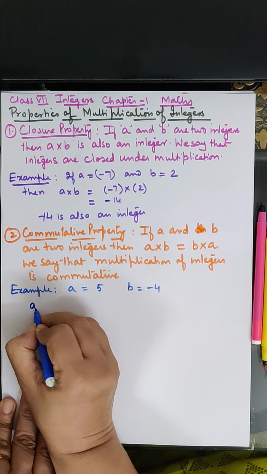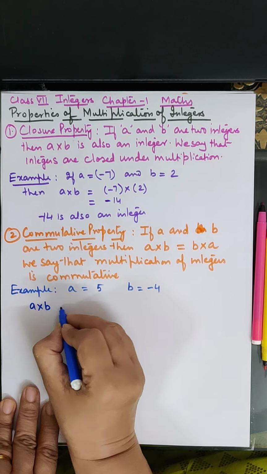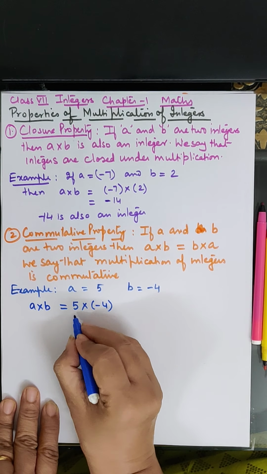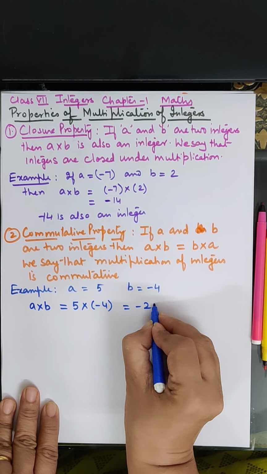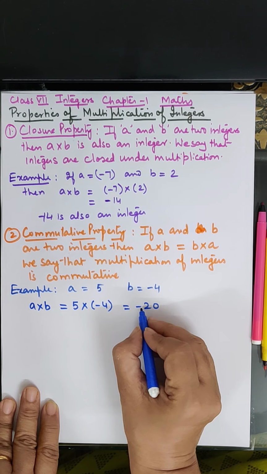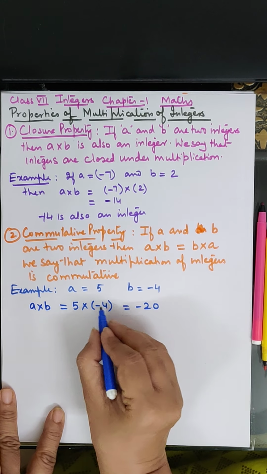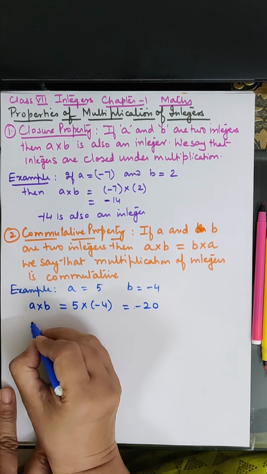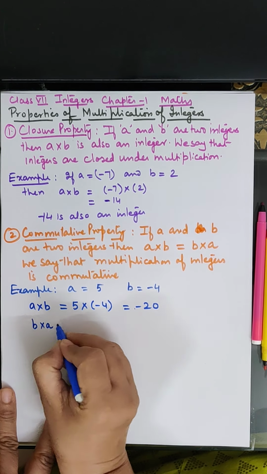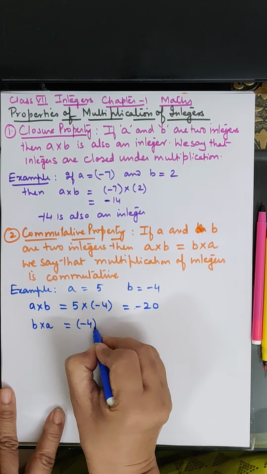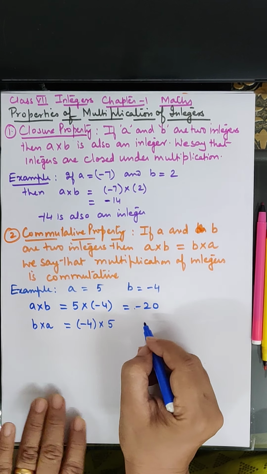Now we do A into B. A into B is what? 5 into -4. 5 into -4 is what? -20. That is, the product of one negative and one positive integer is a negative integer. You take the product of the numbers and then you put the negative sign. Now we do B into A. B into A is what? -4 into 5.